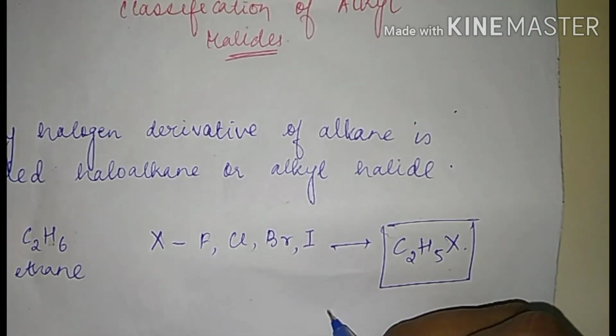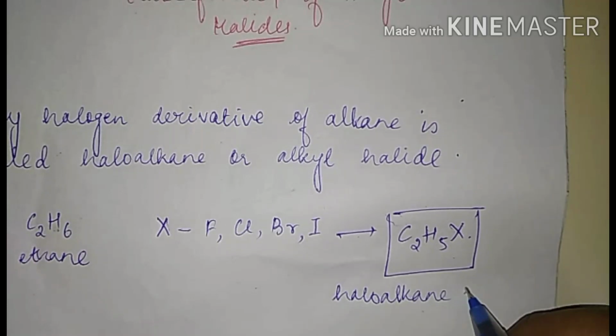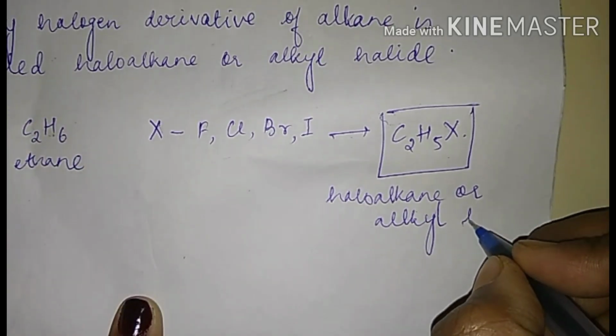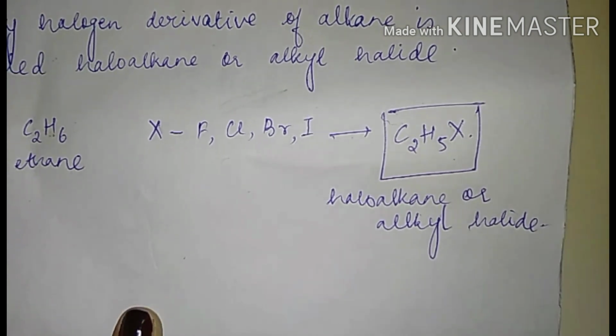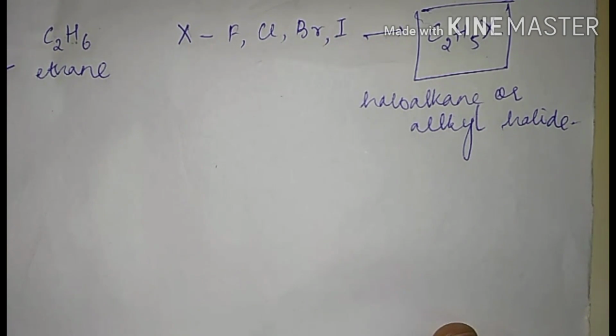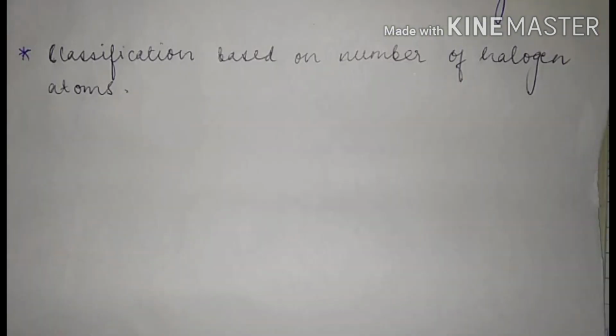This forms the haloalkane or alkyl halide. Basically, haloalkanes are formed by the replacement of the hydrogen atoms of the alkane by the halogen atoms.